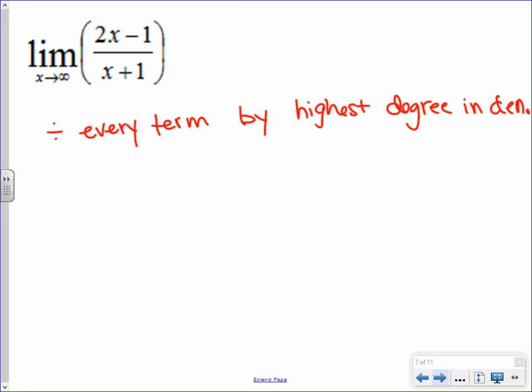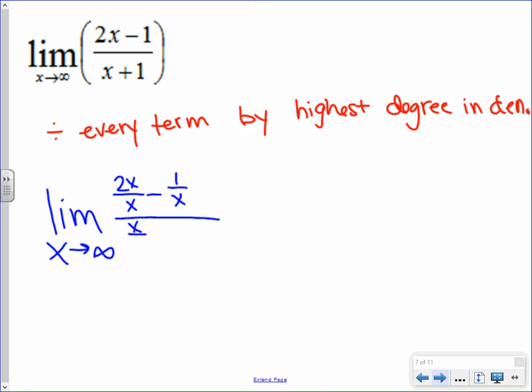So what I mean by this is we can take everything and divide it by x. So I just took every term, since x to the first was our highest degree, I took everything and divided it by x. Now let's simplify this down a little bit.